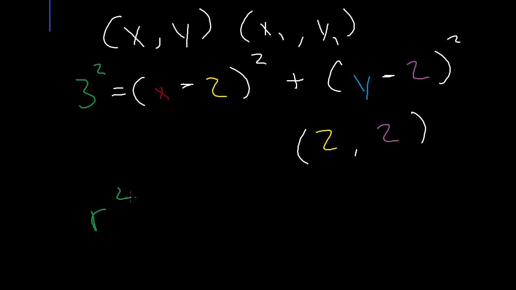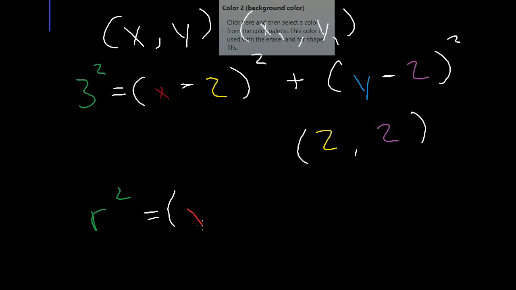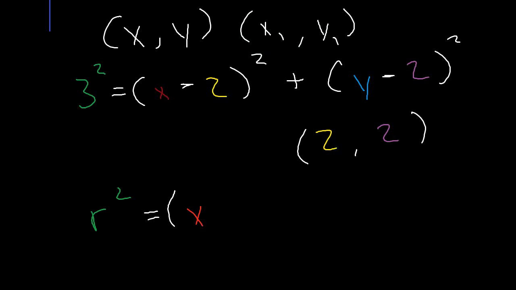R squared is equal to x minus, and instead of calling it x sub 1, we're going to call it h.